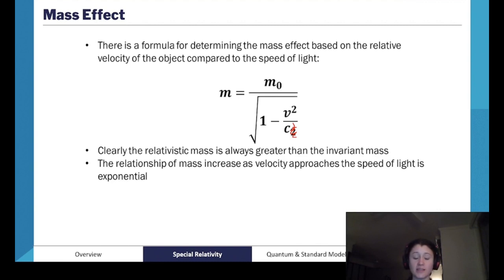So as you can see, the relativistic mass is always greater than the invariant mass.